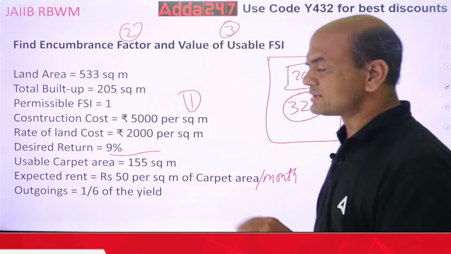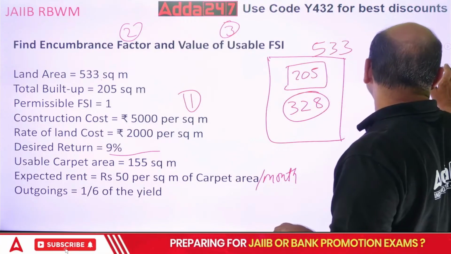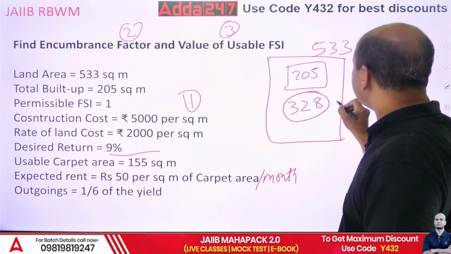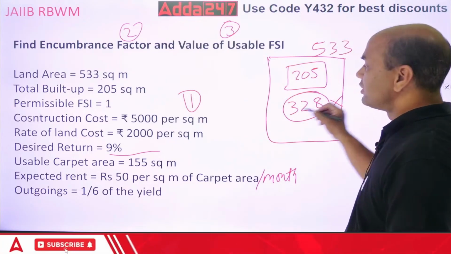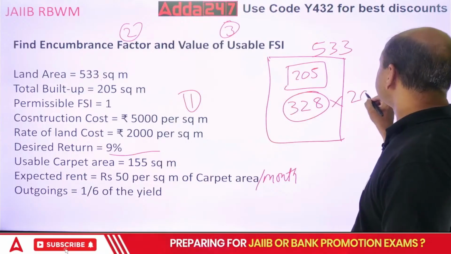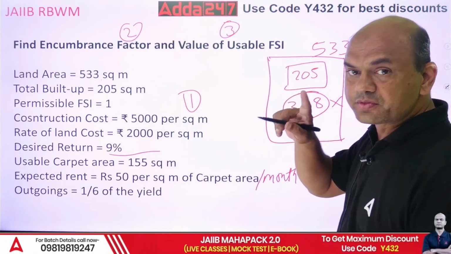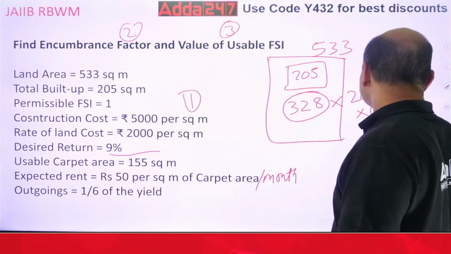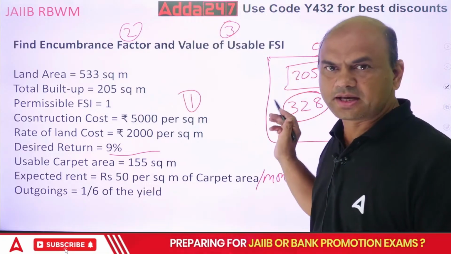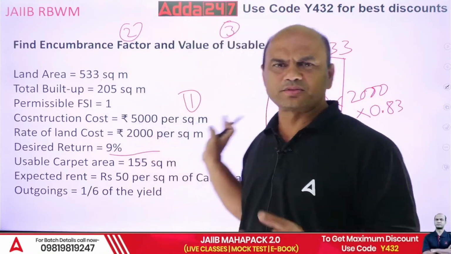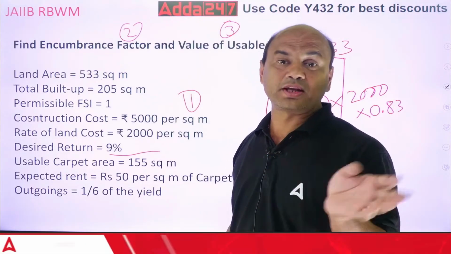So the value is 328 multiplied by the cost, 2,000, and multiplied by the encumbrance factor which we got, 0.83. Because whoever purchases this land will get a net of 0.83 only, because the remaining will go into expenses.